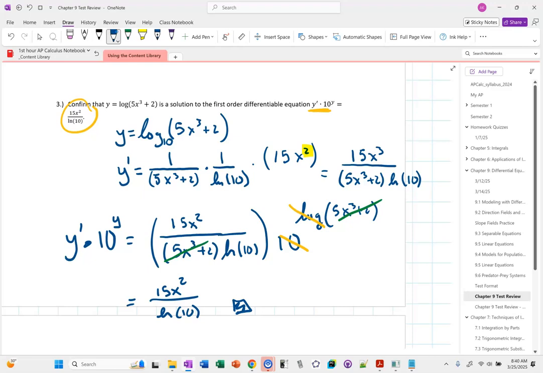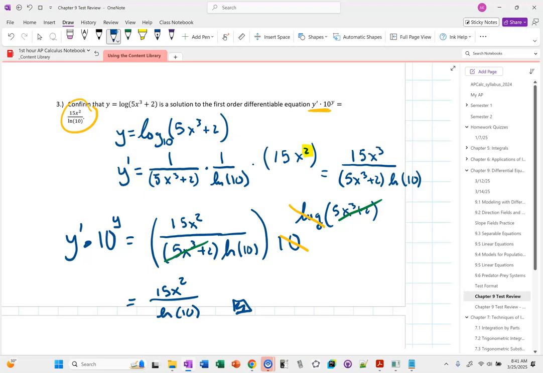Elena. Yeah? Okay. So again, it's just like find the derivative, plug it back in, simplify to get the other side. That's usually the easiest because differentiation is typically going to be easier than trying to solve that differential equation for y and show that you get that y. The integration's hard.